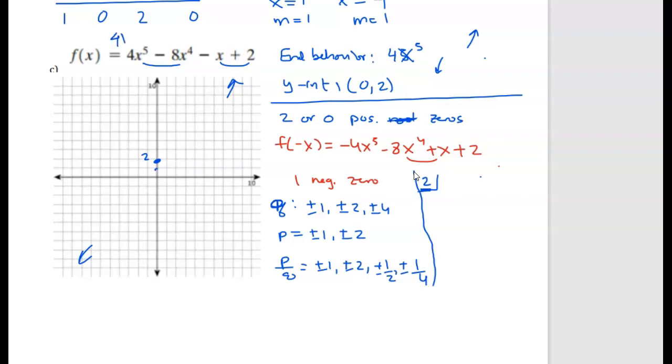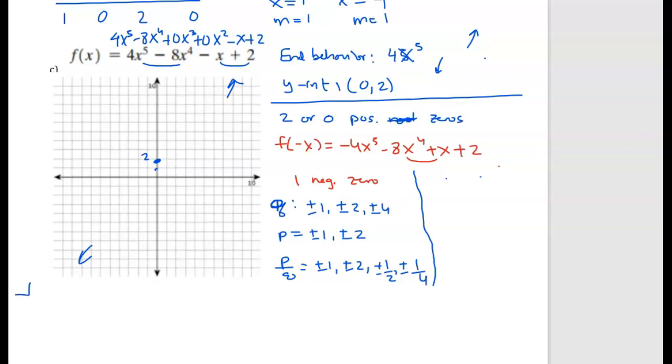So we have 4x to the 5 minus 8x to the 4 plus 0x cubed plus 0x squared minus x plus 2. Okay, so you gotta put the 0 coefficients, otherwise things get messed up. We have 4, negative 8. Okay, let me do over here because I'm gonna try to save this and post it.